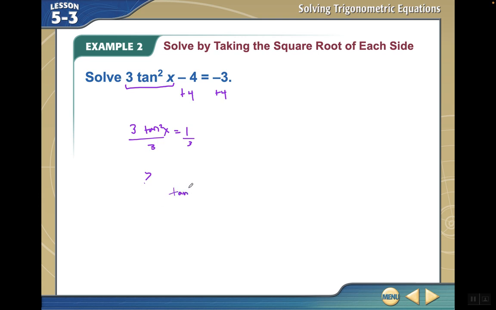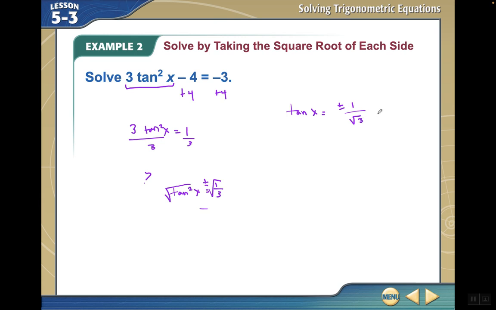So I have tan squared x equals 1/3. And of course, I need to take the square root of both sides. So what I have is tan x equals plus or minus 1, because the square root of 1 is 1, over the square root of 3.